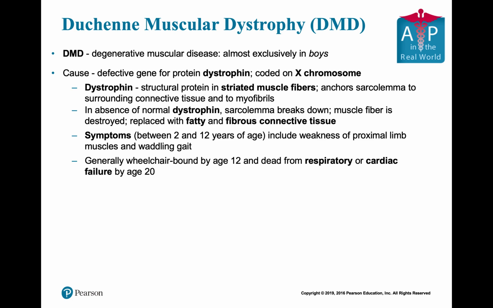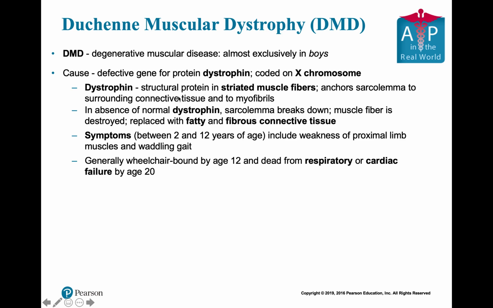So it's fine. But males have XY. And so if they have a defective dystrophin gene on their X chromosome, they don't have another X chromosome to make up for it. They don't have a good copy of dystrophin. They only have the bad. So that's why you have this genetic disease exclusively in boys, okay?